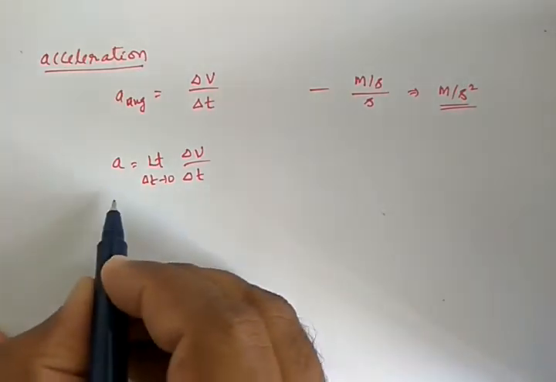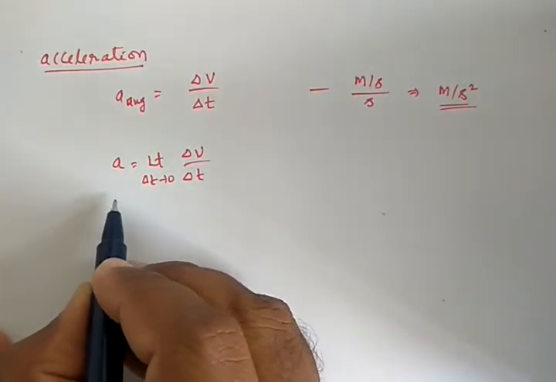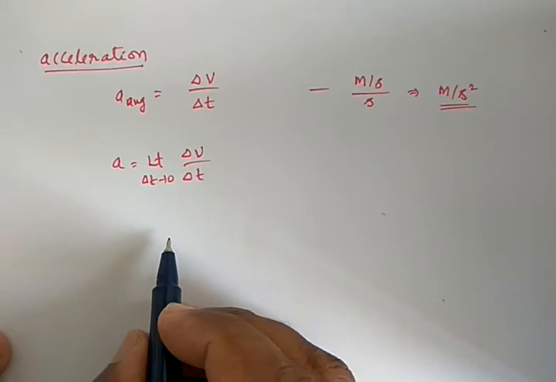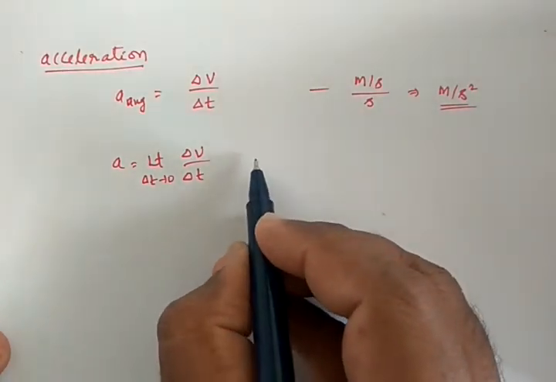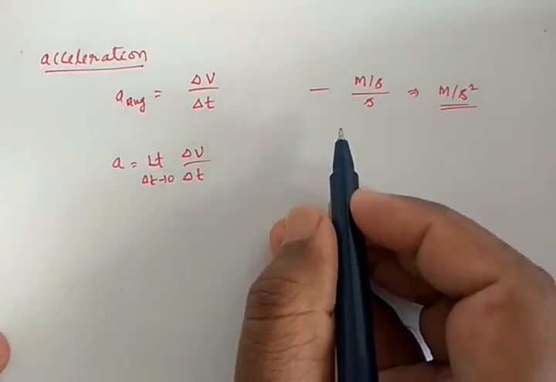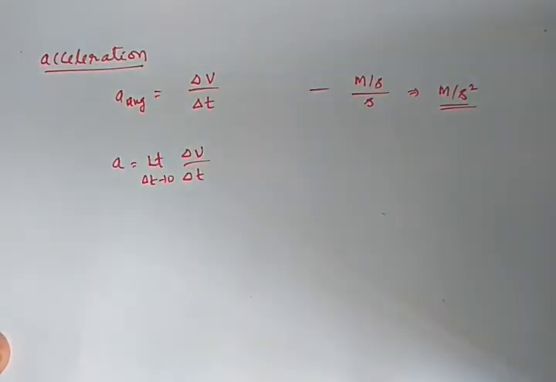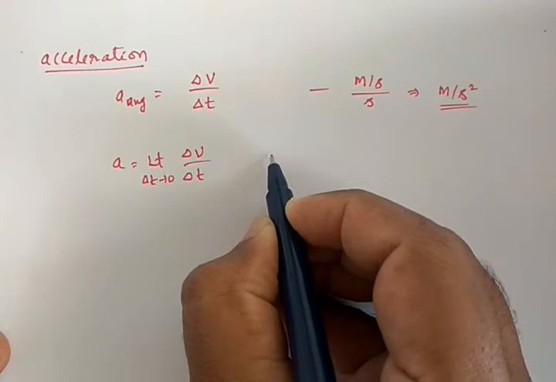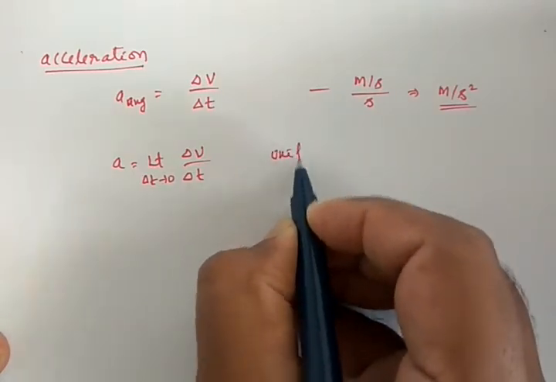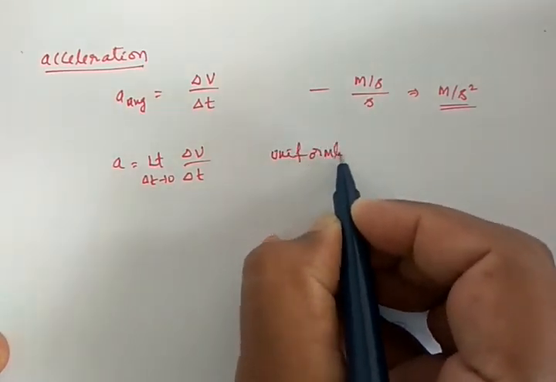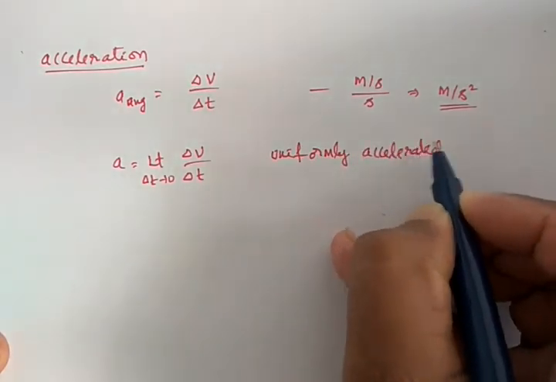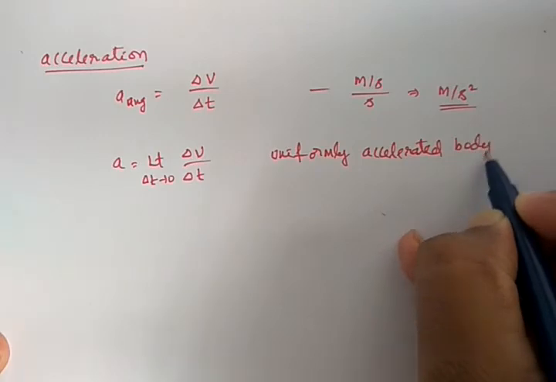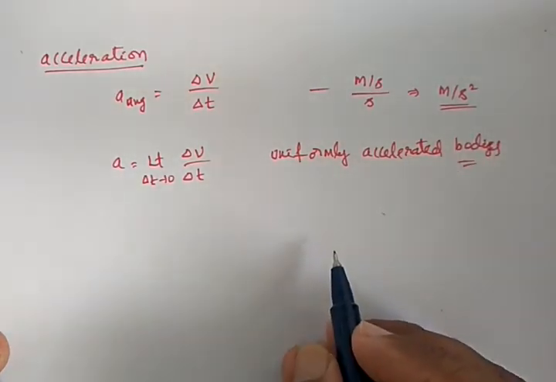If the body is moving with a uniform acceleration, it means the acceleration of the body is constant with time. Then we say the body is moving with a uniform acceleration, and we will be dealing with uniformly accelerated bodies here.